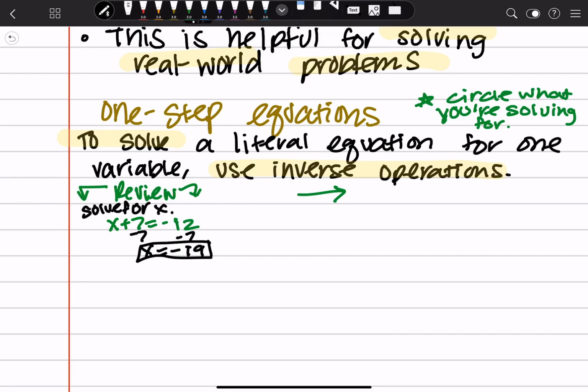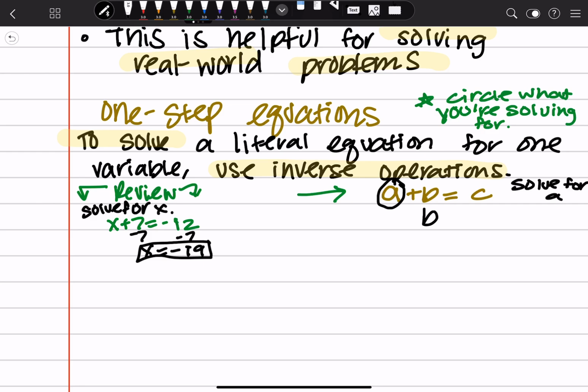So if I have a problem that looks like this, A plus B equals C, and they've told us to solve for A, that's what I'm going to do. I am going to go ahead and circle the A. It's almost anchoring it down and reminding me, hey, I can't touch it. So I'm going to get rid of whatever's bothering it on that side, and what's bothering it on that side is this B.